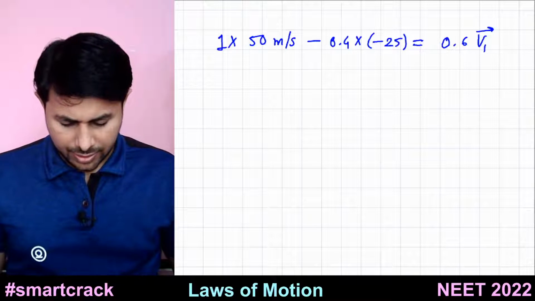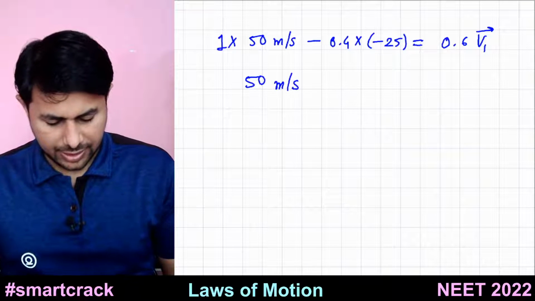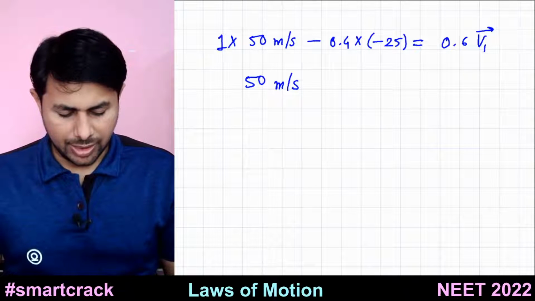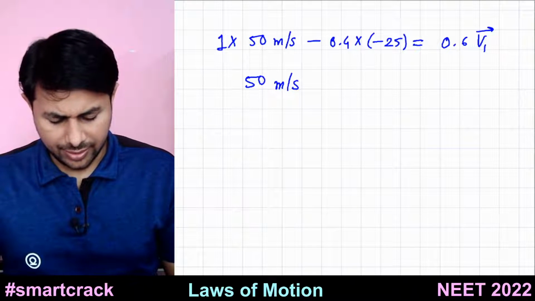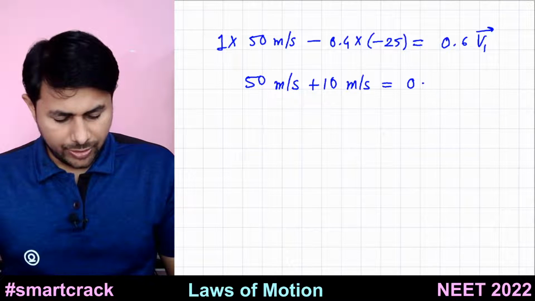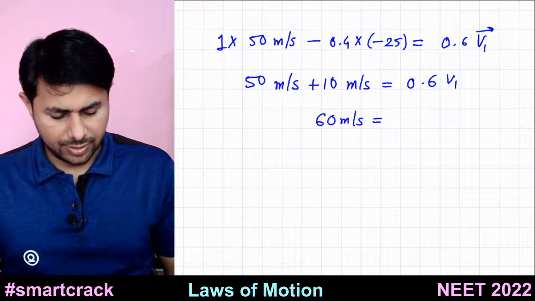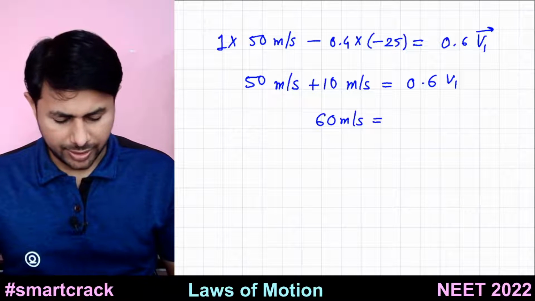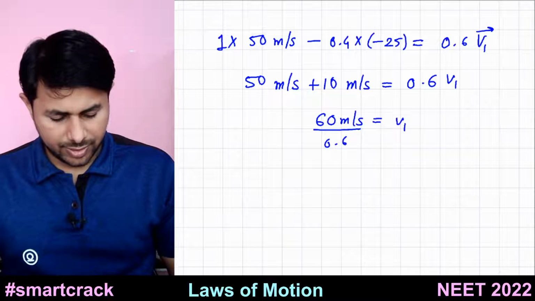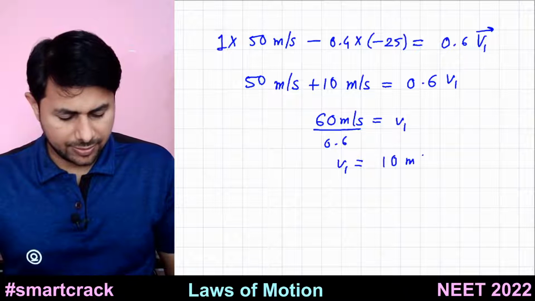Okay, so that is 50 meters per second, and this minus minus will become plus. So 0.4 multiplied by 25 is 10, so plus 10 meters per second, so it is 0.6 times v1, so this is 60 meters per second. Okay, 50 plus 10, and we can take that 0.6 on this side, so we get v1 equals 60 upon 0.6, so 10 meters per second.